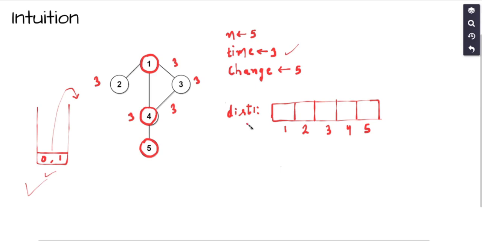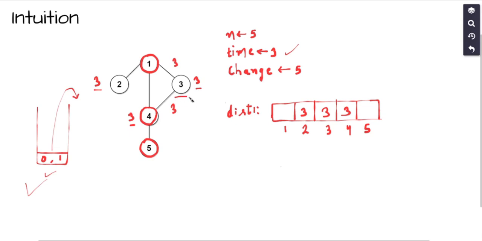While pushing these nodes into the priority queue, I also update their distances in this distance array. So for node number 2 I will have 3, for node number 3 I will have 3, as well as for node number 4 I will have 3. Then they are in the priority queue, sorted according to their distances. Since the distances are the same, I can choose any vertex from the priority queue.